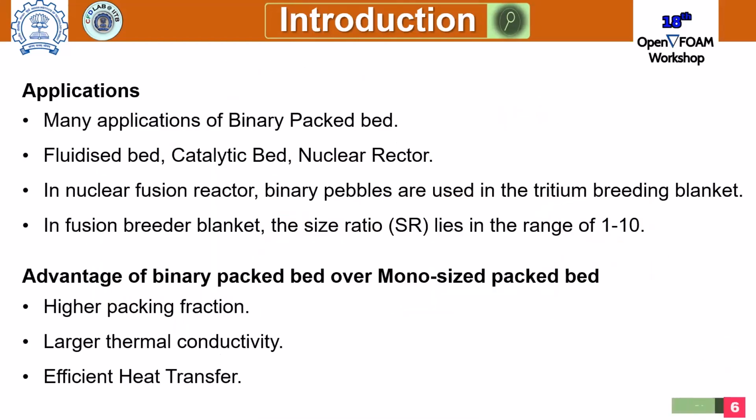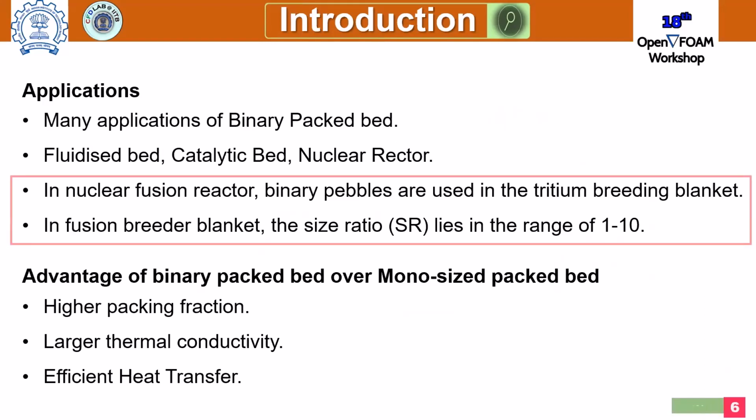Why is this binary packed bed important? Because it has many applications, like in fluidized beds, catalytic beds, and nuclear reactors. But my focus is on the tritium breeding blanket. I think most of you have heard about the ITER experiment that is being performed by many countries.